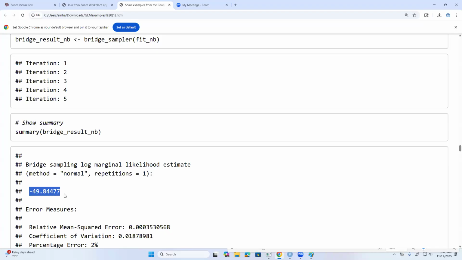So this is log likelihood I'm talking about. When you talk about the marginal likelihood, it will be e to the power of that, right? So based on these three models, this is the best model. The negative binomial model gives you the best marginal likelihood.